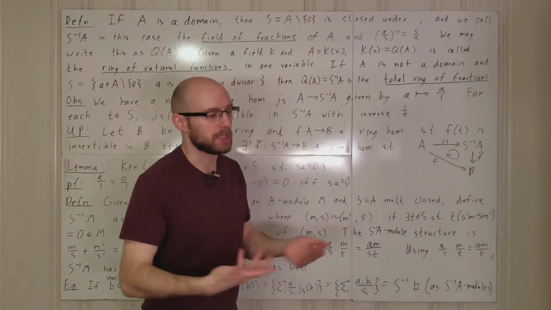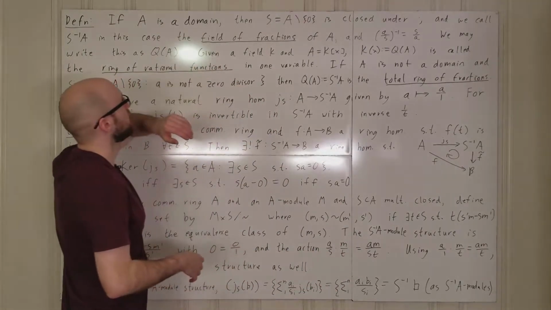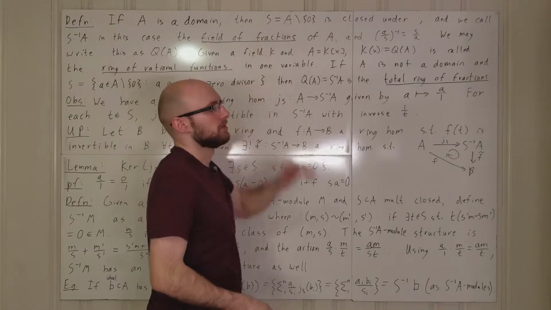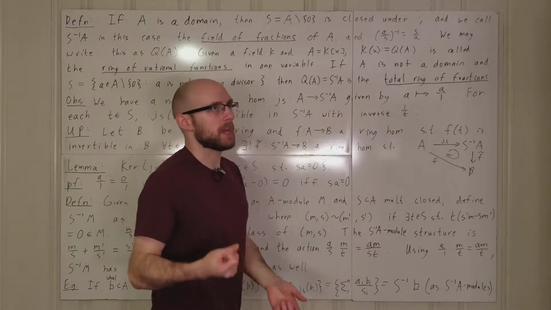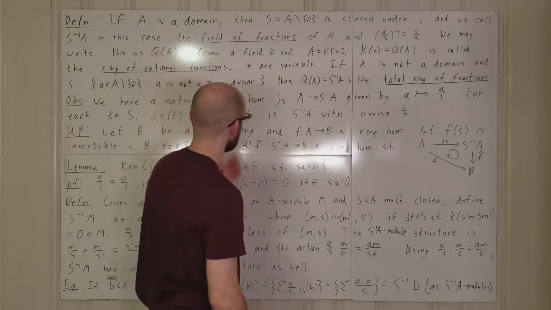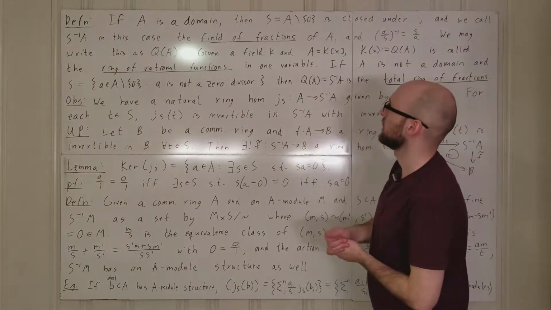That would mean you'd get zero, and that means that these would be zero divisors, which you don't have in a domain. So it's closed under multiplication and it has 1 and it doesn't have 0. And in this scenario, we call S inverse A the field of fractions of A.